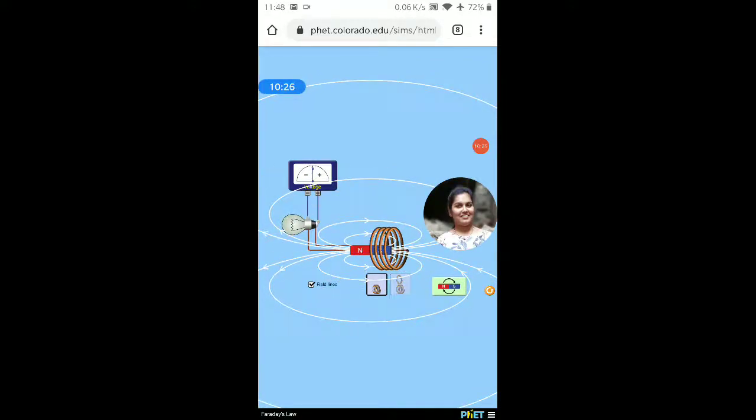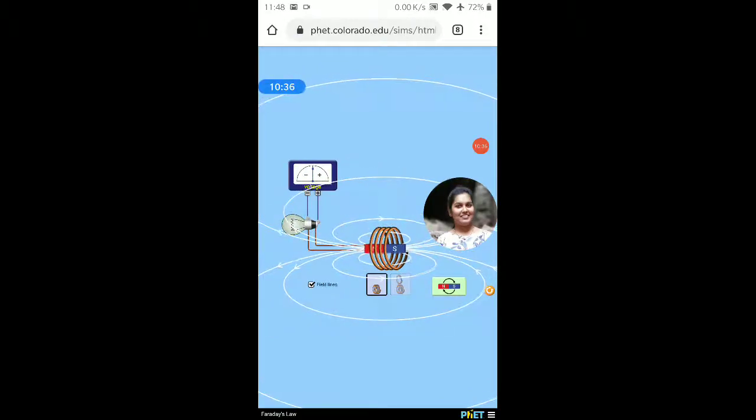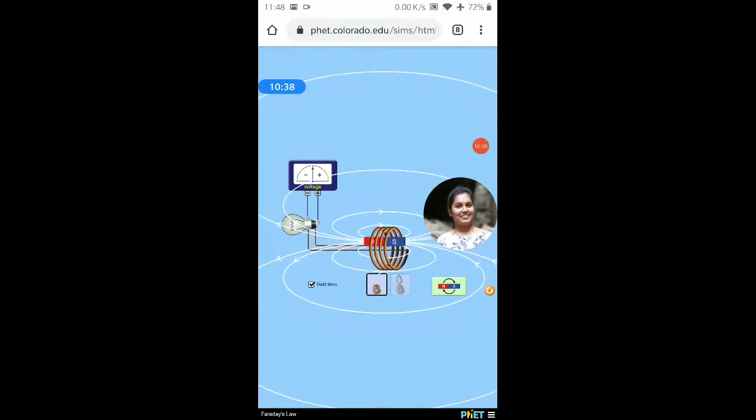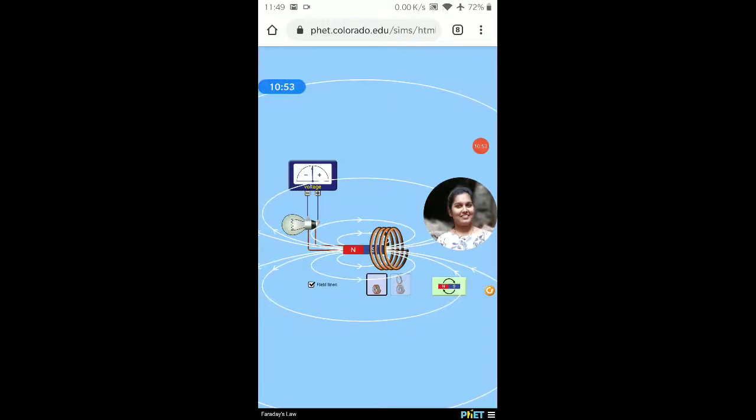Or in simple terms, what this simulation is showing is that when I am moving or developing magnetic lines near a current carrying conductor, voltage or EMF will be induced. That EMF will be identified in the voltmeter or in the bulb that I have connected.